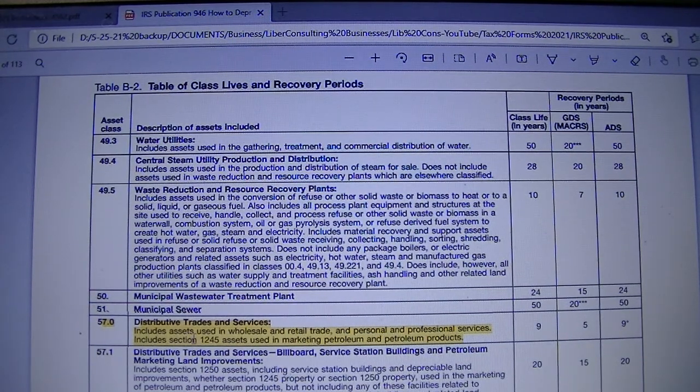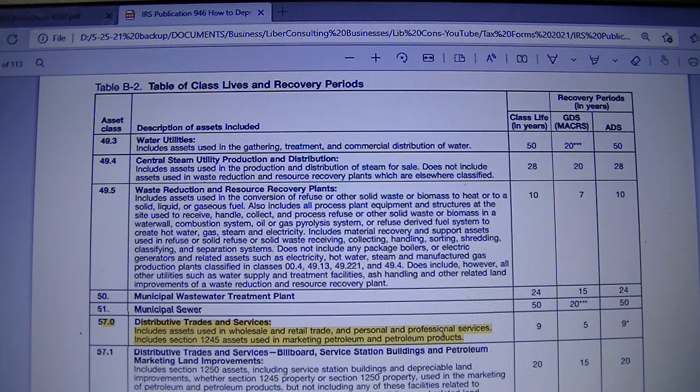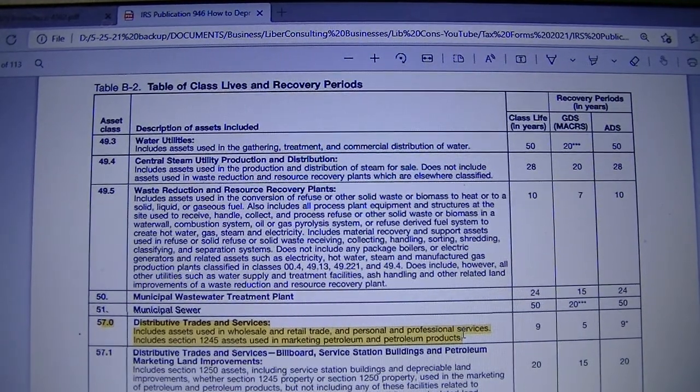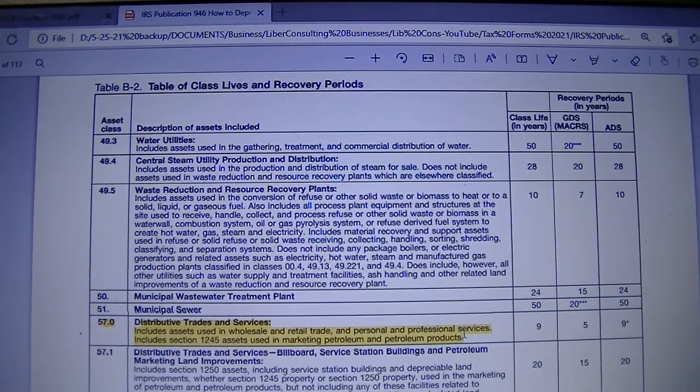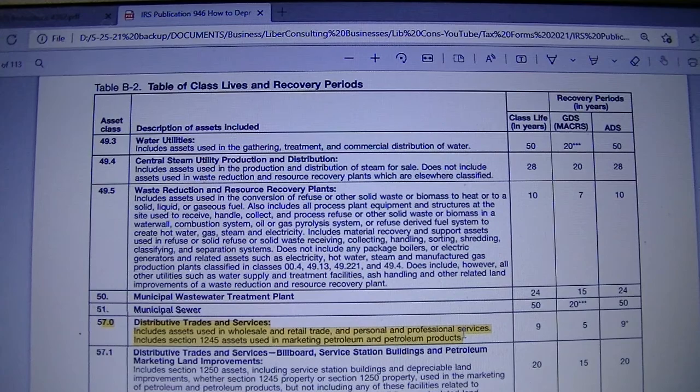So that includes section 1245 assets used in marketing petroleum and petroleum products. So they didn't really list different types of assets you can use in wholesale and retail trade, personal or professional services. They describe it, but they didn't list the assets. So when you do not find your asset specifically listed under the business activity, then you go back to table B1.